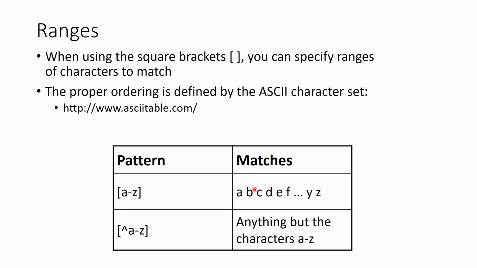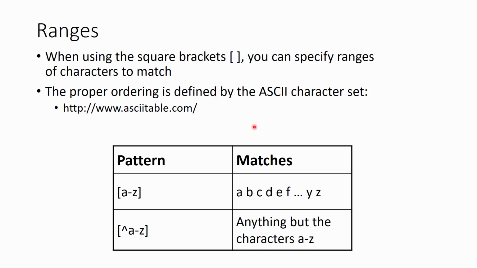We can also overload the square brackets. We can specify ranges of characters to match. So in this case, we're saying match any character in here, but instead of specifying the single characters that would be valid, we are saying an entire range of them. So if I use lowercase a to lowercase z with this hyphen operator, we'll match any of those characters in there. Now the ordering here is defined by the ASCII character set. So you could go, say, from lowercase a to uppercase Q. But what does that mean?